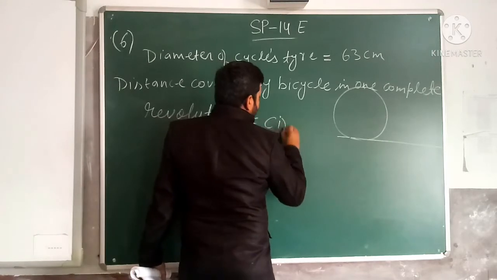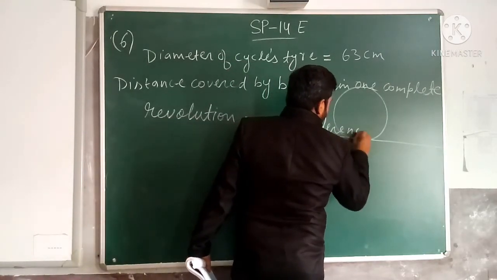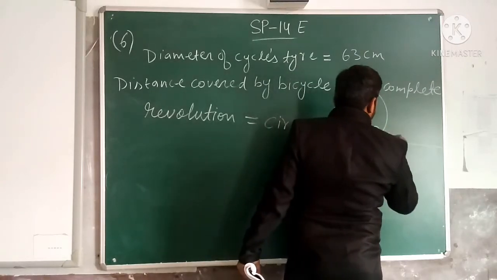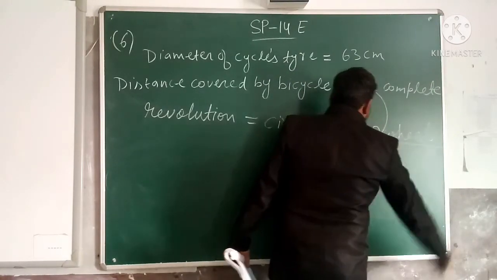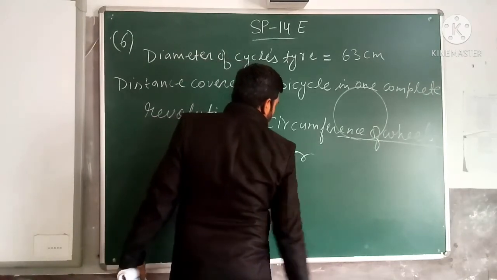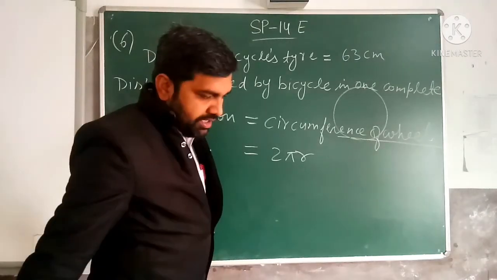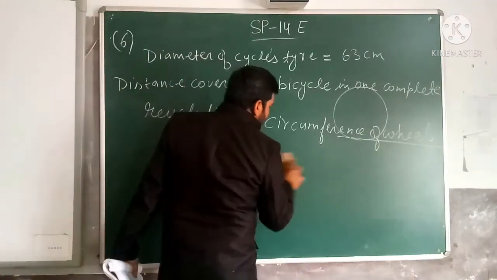What it will cover? It will cover the circumference of the wheel. Now what is the circumference of the wheel? That is 2 pi r. But the diameter is given, so you can use pi into d. Since the diameter is given, you use the formula pi into d.